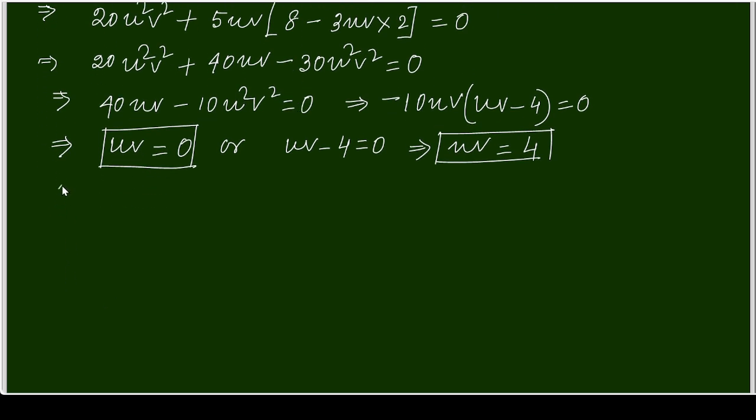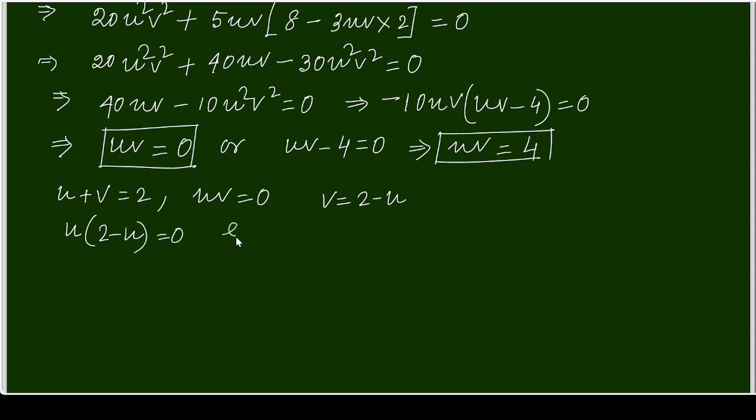So u plus v was 2 and u into v is equal to 0. In place of v, I can write 2 minus u. Replacing here, I'll get u multiplied by (2 minus u) equals 0.